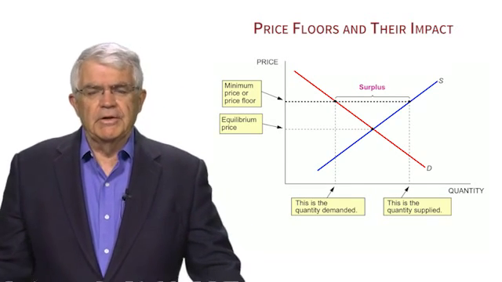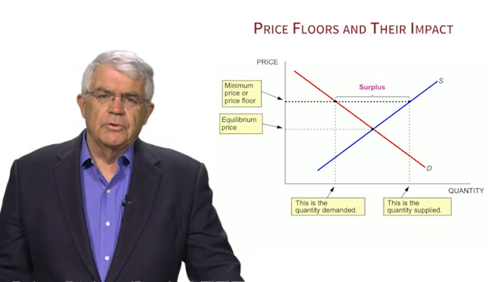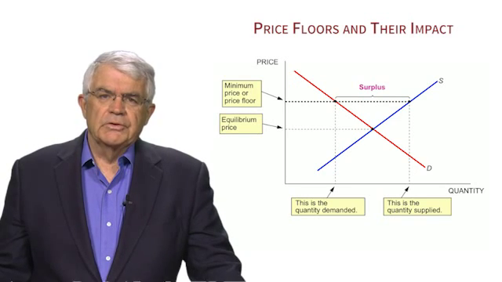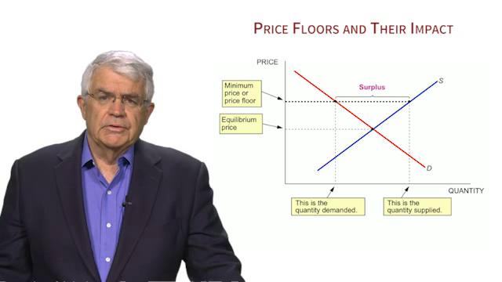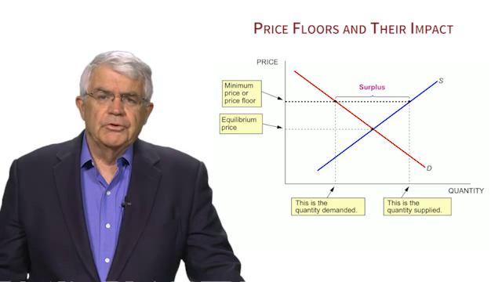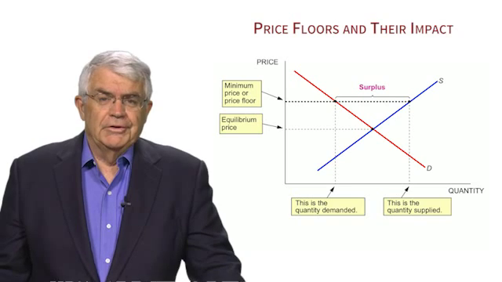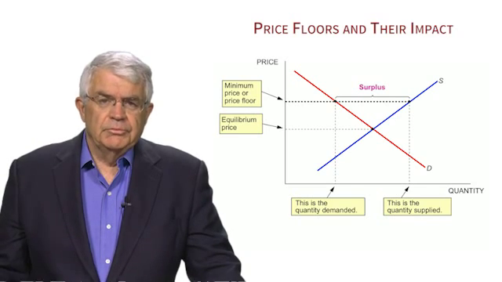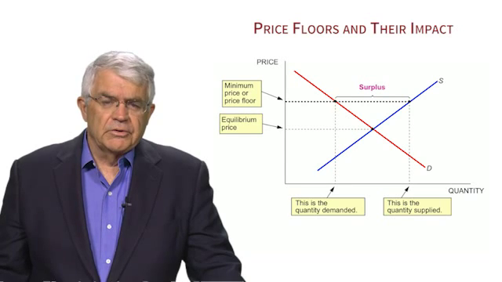And you can see in the diagram the same kind of thing happens as before. In this case, the quantity supplied is greater than the quantity demanded at that higher price. And so firms will want to produce more than at the equilibrium because the price is higher. But unless the government sucks up the surplus and buys that extra milk from the producers, there's going to be a surplus. The milk will pile up because consumers are not going to buy so much milk at that high price.